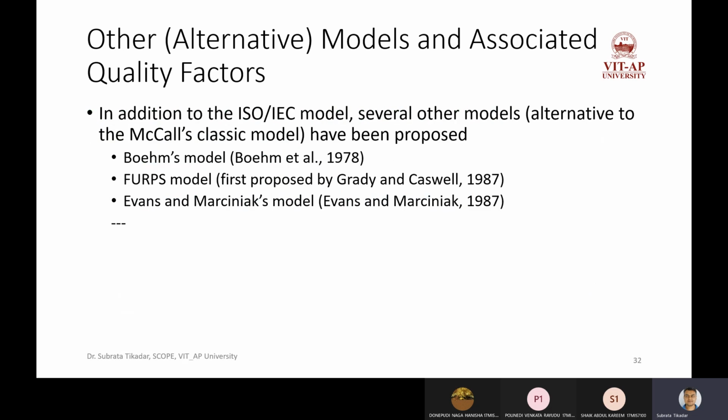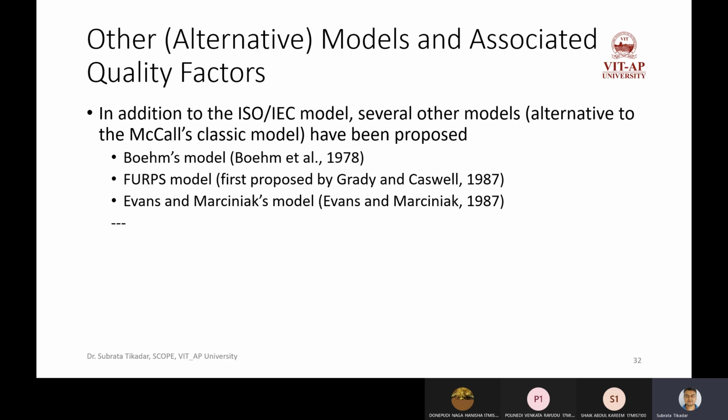So in all these models you will find many new names of the factors, and they have defined them in their own way. We will not go into the details of each of these models because the list is endless, I already told. It may not be possible to remember all the models and in which model what are the factors, and there is no meaning just to remember these names. We actually have to understand what those are.